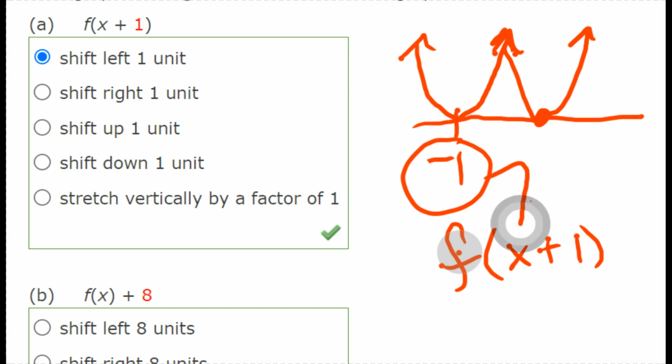Then you can take this -1 and put it right there, and it still says f of 0, which is the same y value. So it would move to the left by 1 unit.